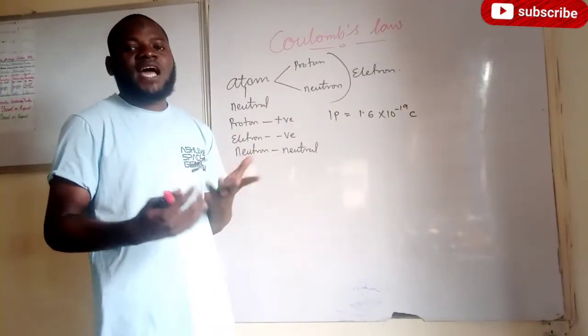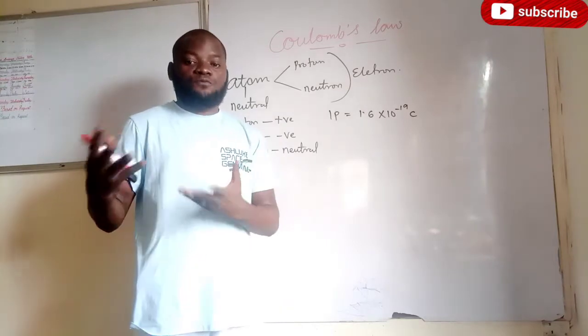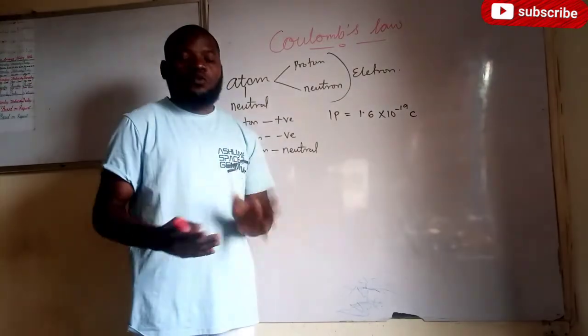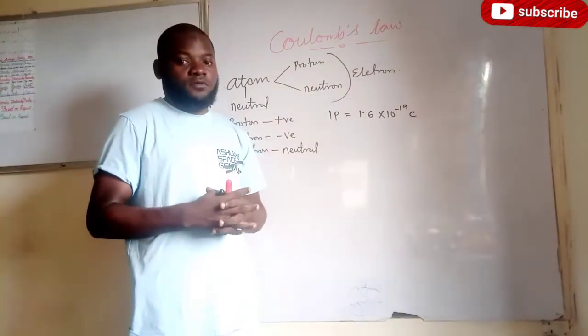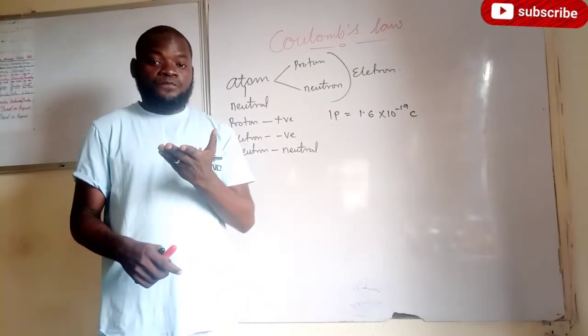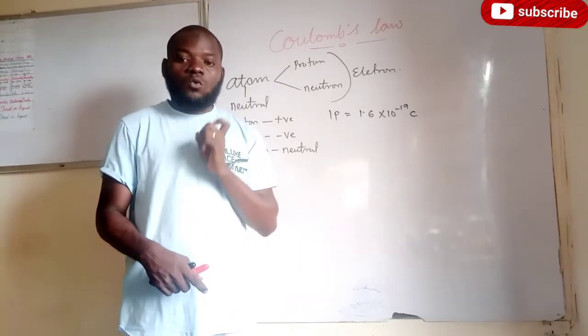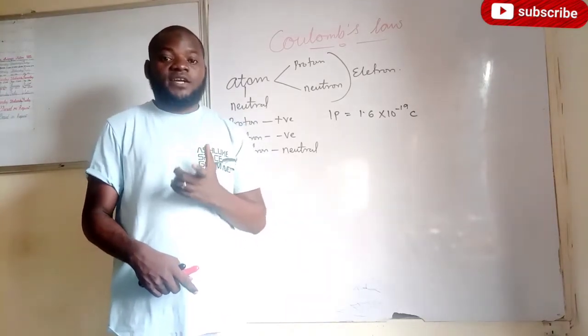And since we don't have a fractional proton, that is, we don't have a proton like 1 over 2 proton or 3 over 2 proton, we don't have what? Fractional proton. Either you have 1 or you have 2 or you have 3 or you have 4. Are you getting it now? That shows that proton is actually quantized. Are we together now?